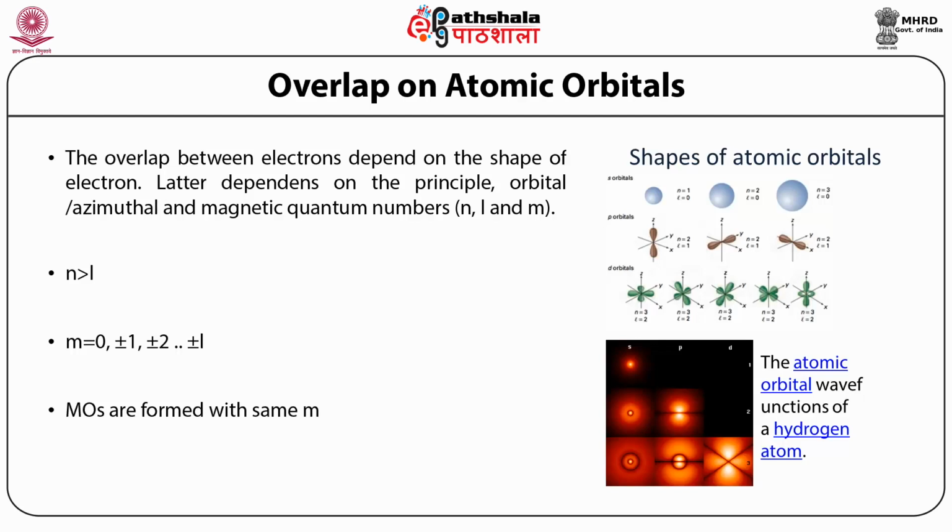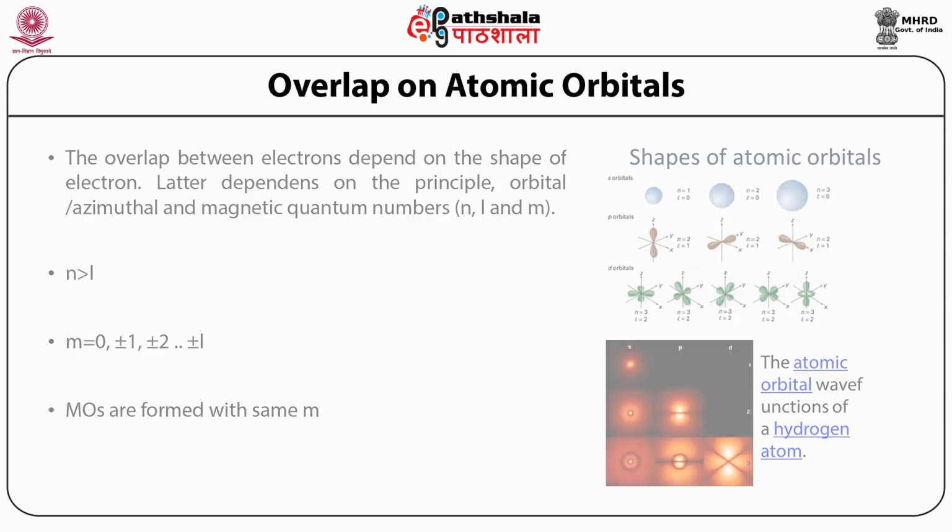If we have n equal to 3, then L can be equal to 0, 1, or 2, and we have more possibilities. For L equal to 2, we have 5 possibilities of atomic orbitals, and the overlap between these orbitals will depend on the shapes.